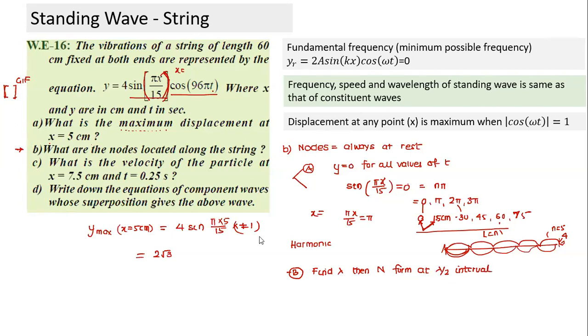First one, of course, 0. And how do you find lambda? From the k value. k is equal to 2 pi by lambda, which is equal to pi by 15, which gives me lambda is equal to 30 centimeter, or lambda by 2 is equal to 15 centimeter. So nodes will form at a successive interval of 15 centimeter.